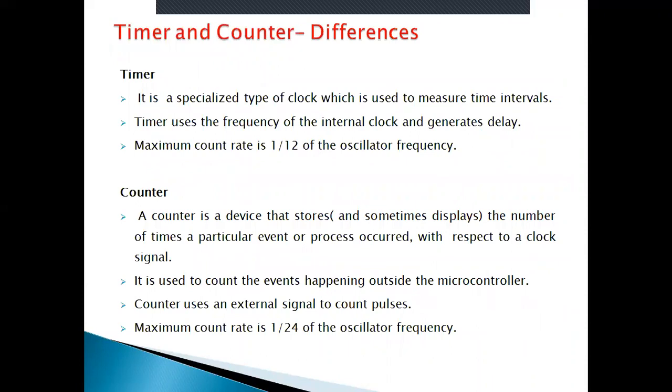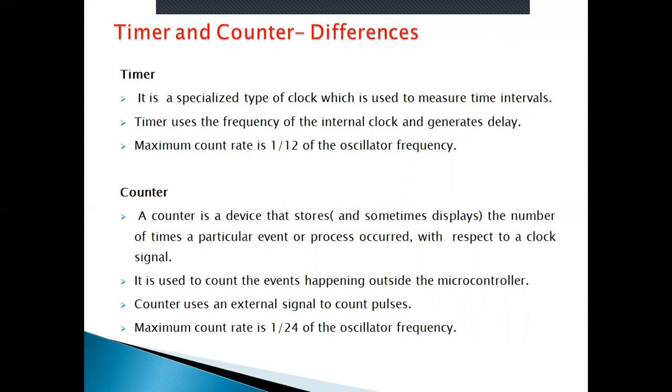In this slide we can see the differences between timer and counter. So timer is a clock which is used to measure time intervals, and the timer uses the frequency of internal clock and it generates delay. The maximum count rate is 1 divided by 12 of the oscillator frequency.